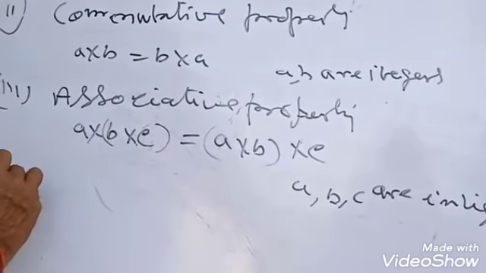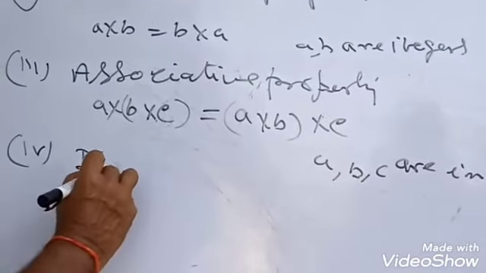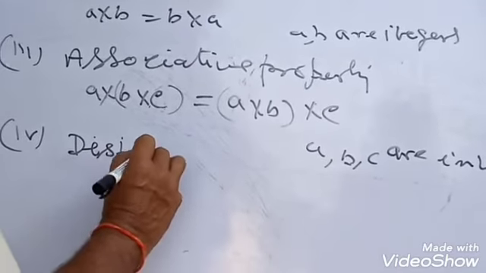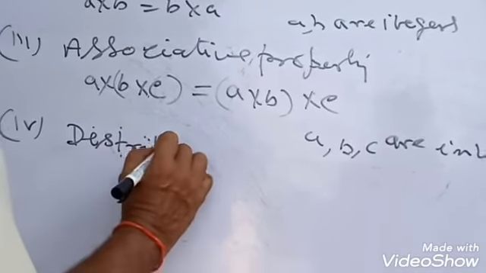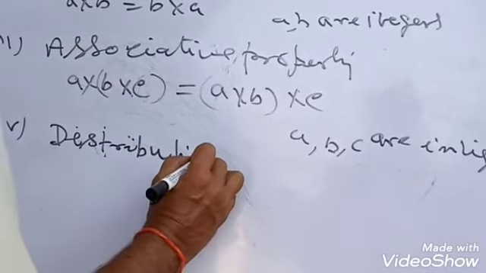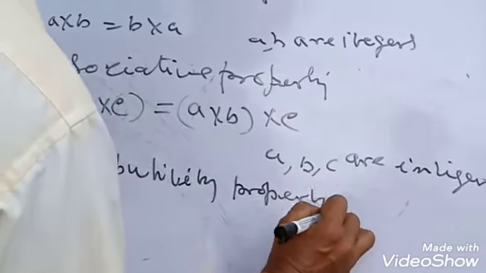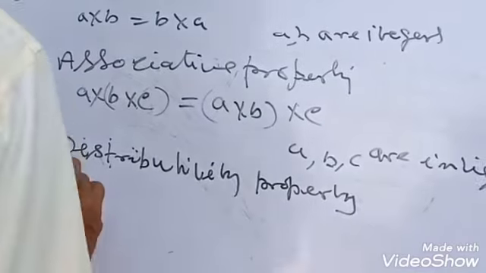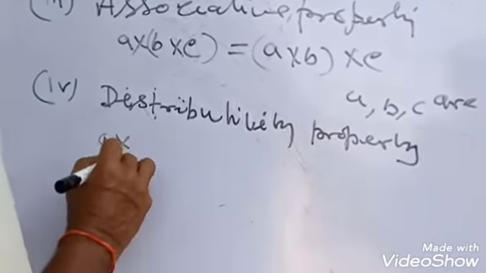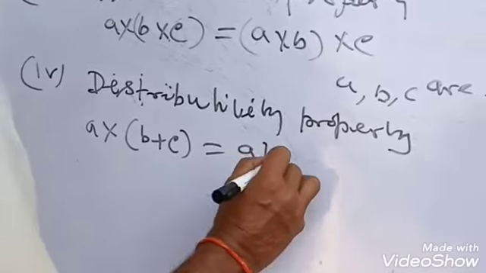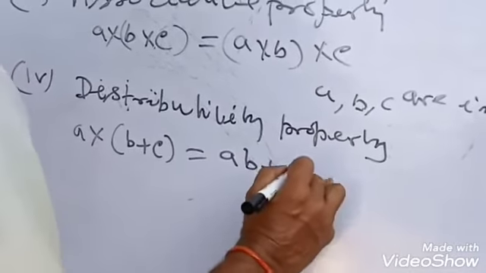The most important property is here: distributivity. Distributive property, A into B plus C is equal to AB plus AC.